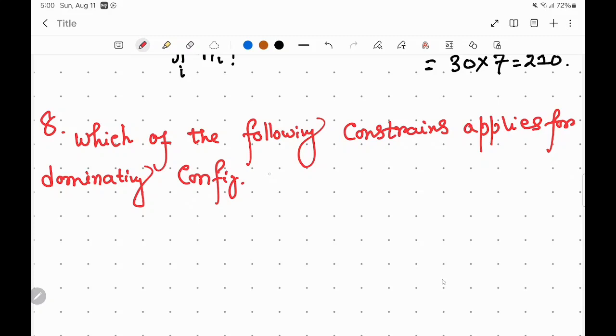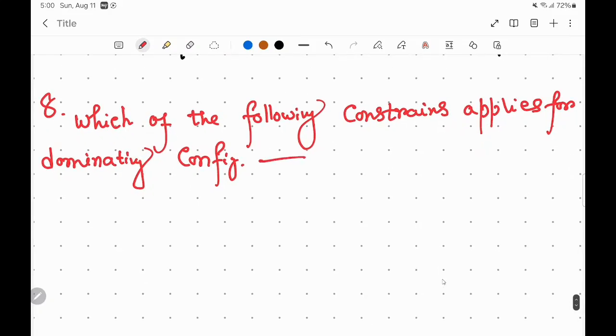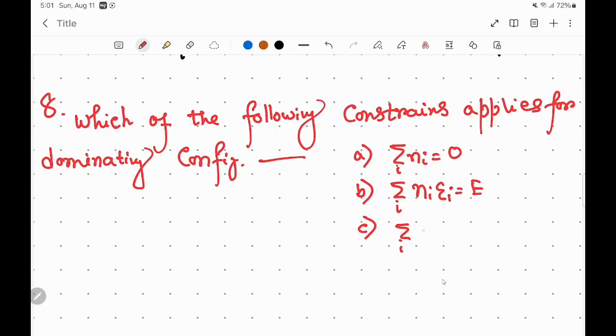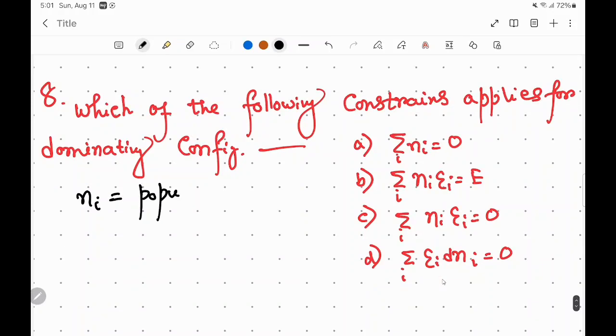Ni and epsilon i represent, you know this, and the options are option A, 0. So what will be the answer for any configuration? Ni is the number of particles in the ith energy level, the population in the ith energy level, and epsilon i is the energy of the ith energy level.